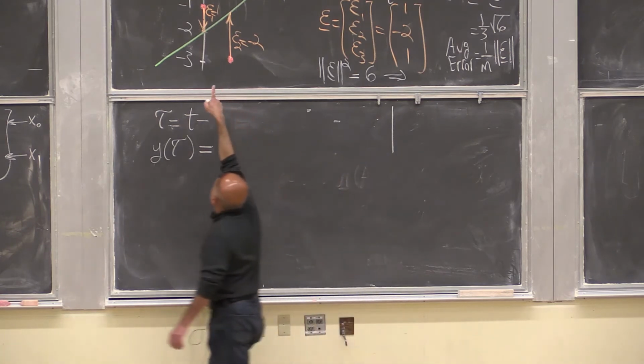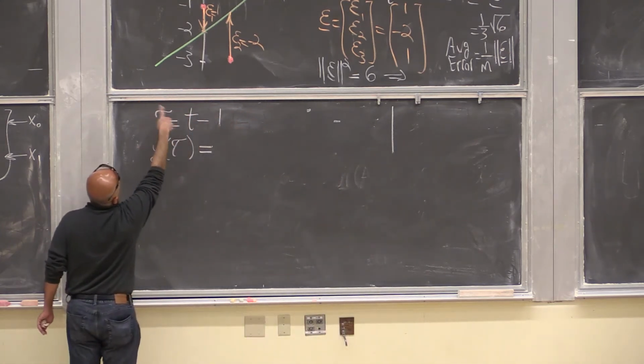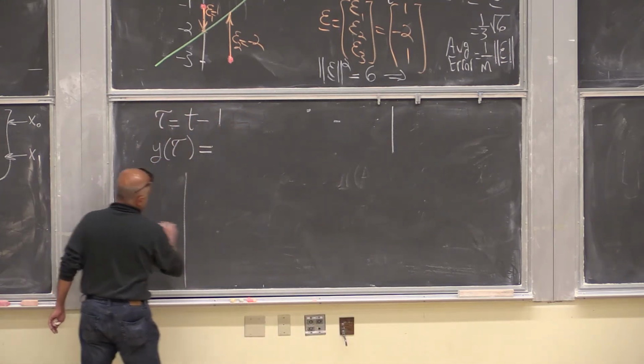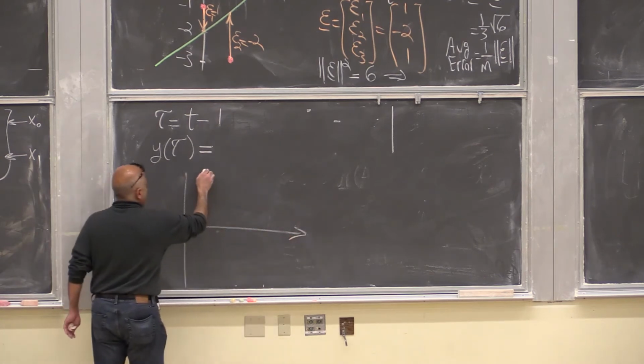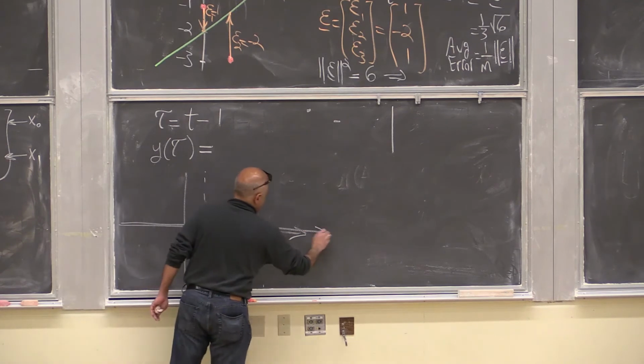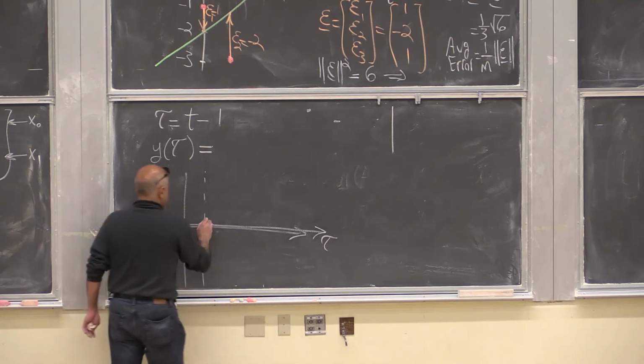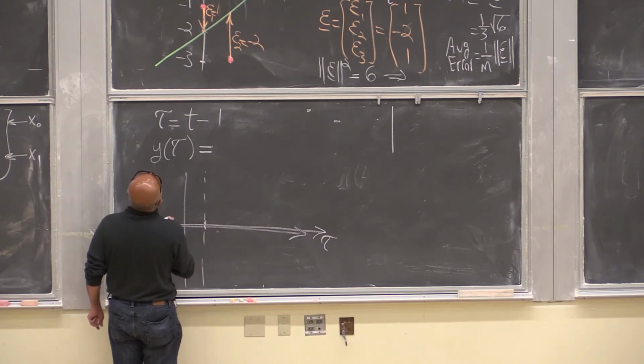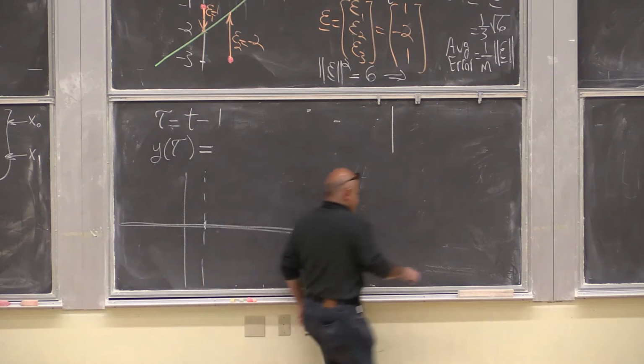So if you look at the plot above, I am moving things to the right. So now I have tau. Let me make sure I got the sign right.